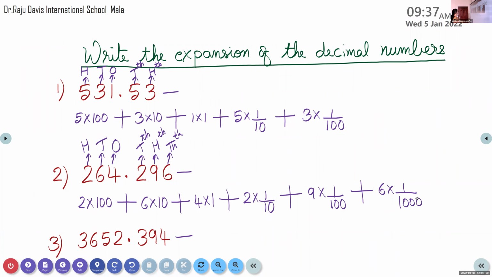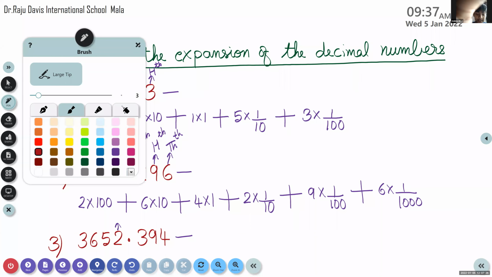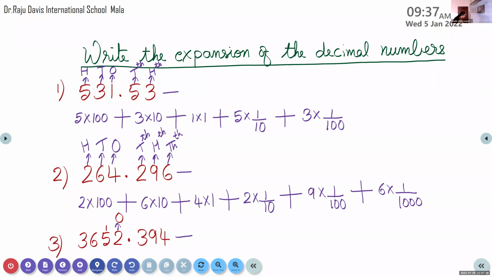Now next one, third one. One more Adidev is there, right? Adidev MJ. Third one, dear. Places first. 2 is in the ones place. 5 is in the tenth place. 6 is in the hundredth place. 3 is in the thousandth place.